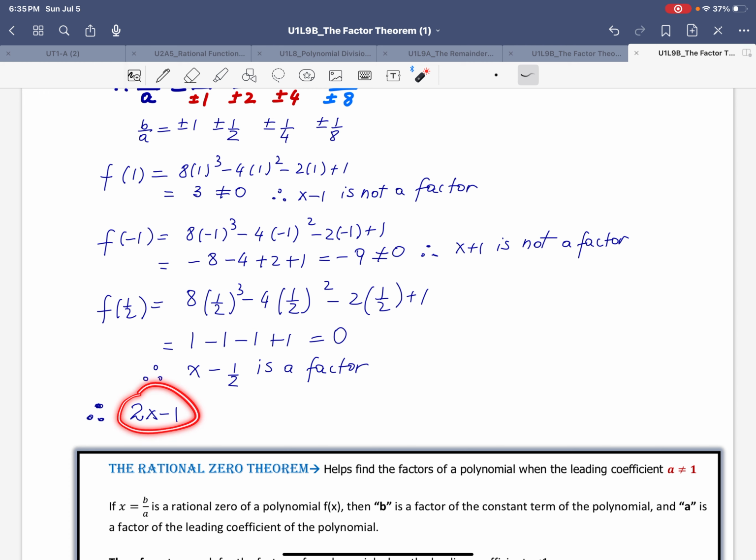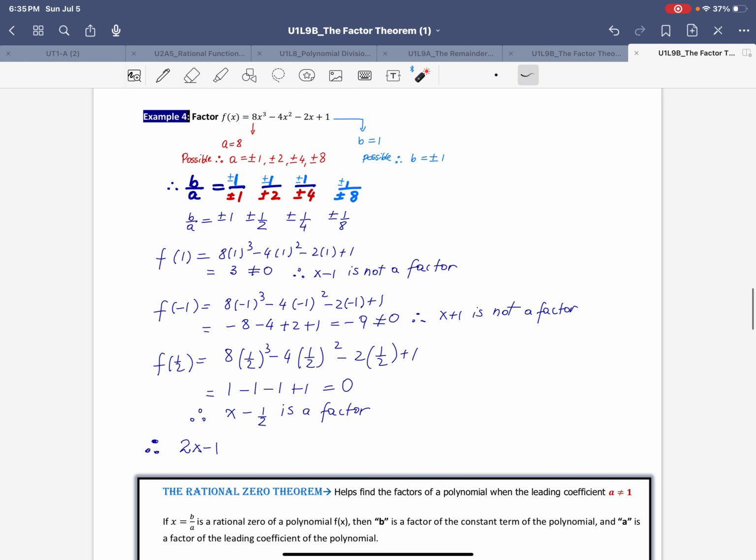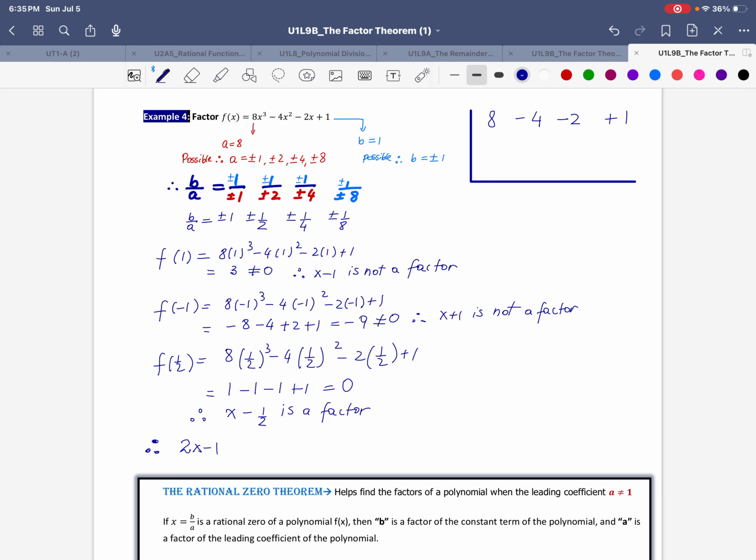So, since we found our first factor, we're going to start dividing the polynomial. So we're going to have here coefficients 8, negative 4, negative 2, positive 1, and we'll be dividing here by 1 over 2. So this 1 over 2 is what we're going to use in our division for this particular factor.